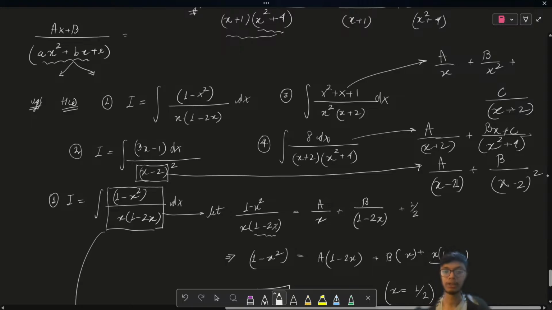That's going to be the solution, right? So that's how you're going to separate these partial fractions, and then you get the solutions for a, b, and c. Once you get them, the question is much simpler, and it becomes a simpler integral to solve, right? So I hope this part is clear to all of you.